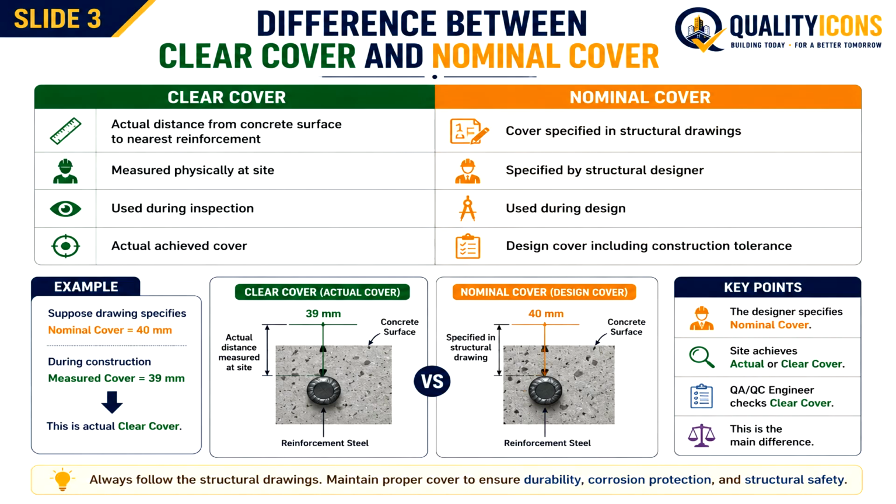After reinforcement, the QA/QC engineer checks using a cover gauge. He measures only 36. What should he do? He should immediately instruct the bar benders to reposition the reinforcement and install the correct cover blocks. After correction, the cover becomes 40. Now the reinforcement can be approved for concreting.